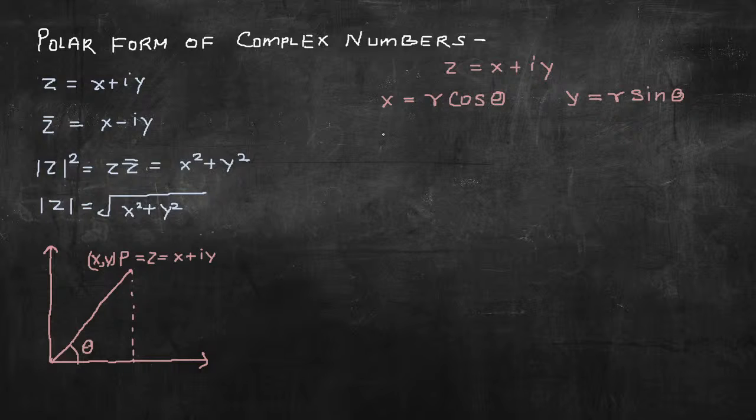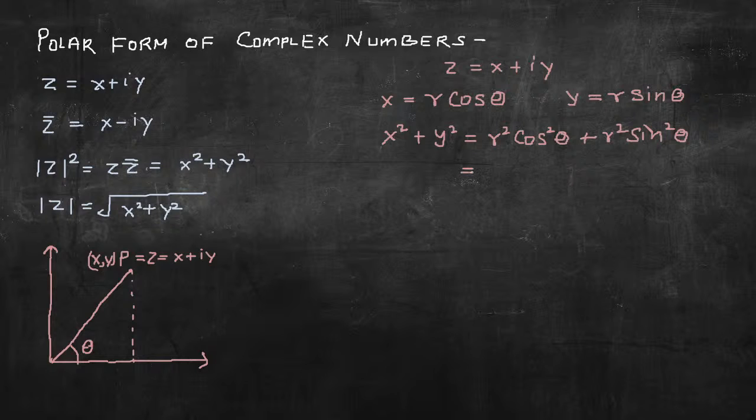Now I am squaring and adding these numbers, x square and y square. The square of the first becomes r square cos square theta, plus the second becomes r square sin square theta. We have done squaring and adding both of these equations.